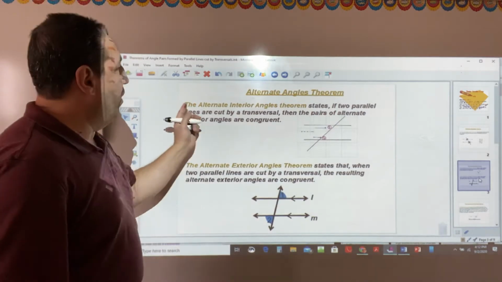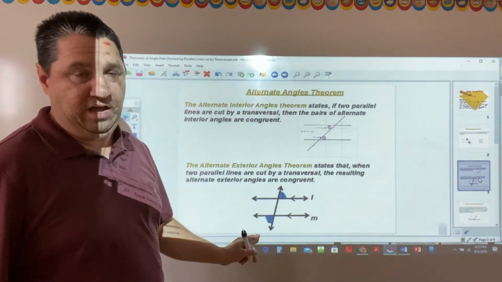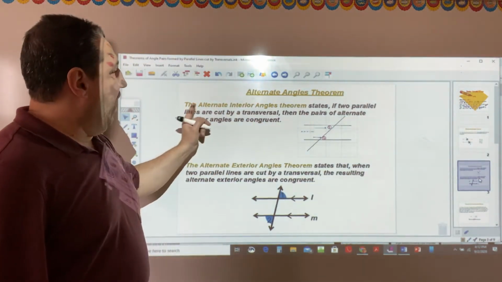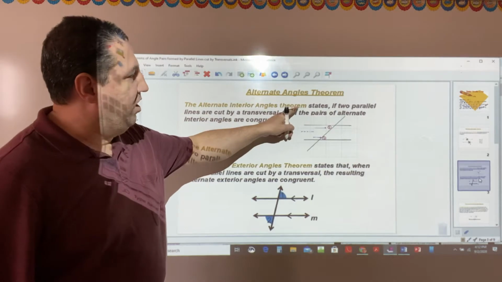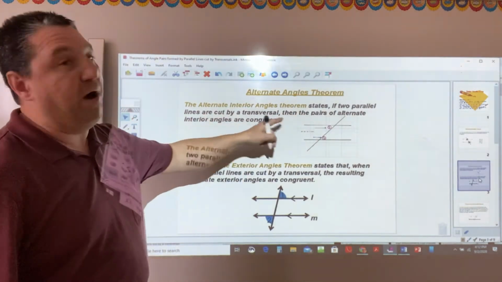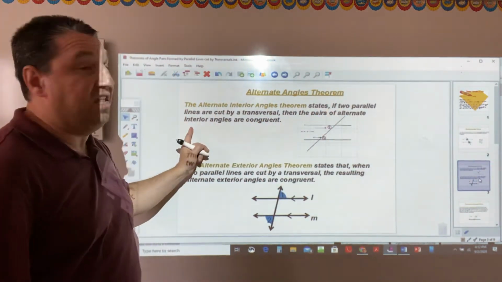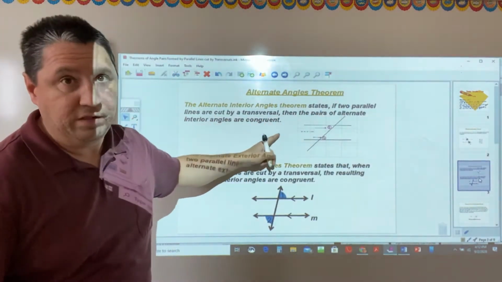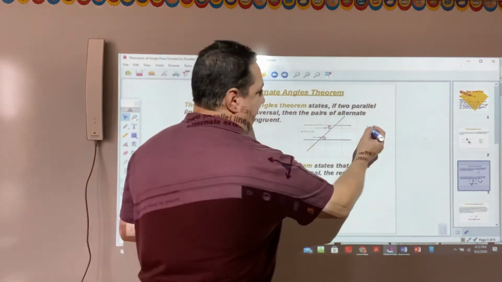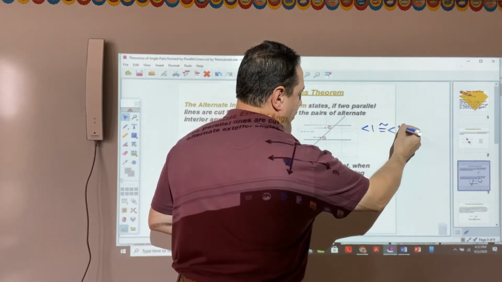So we have a theorem for each type of alternate angles. The alternate interior angles theorem states if two parallel lines are cut by a transversal, then the pairs of alternate interior angles are congruent. So we can say angle 1 is congruent to angle 2.